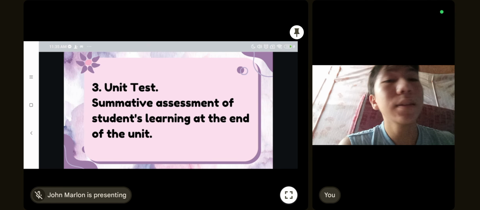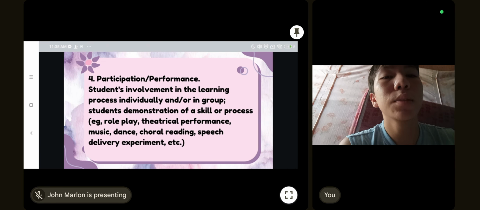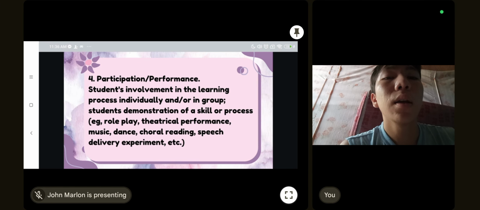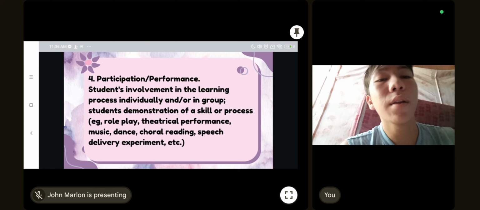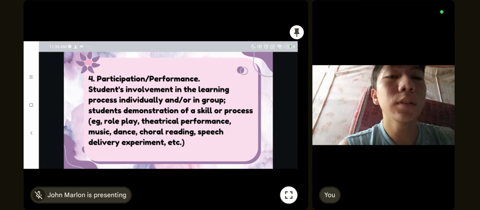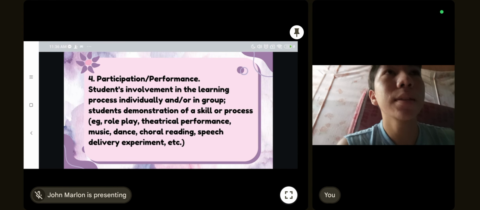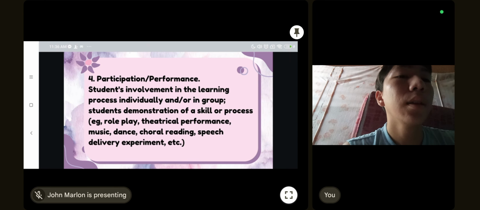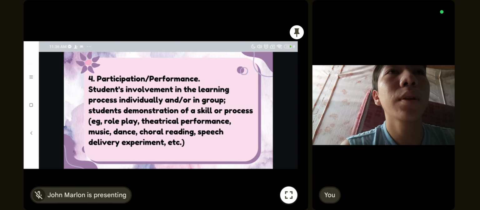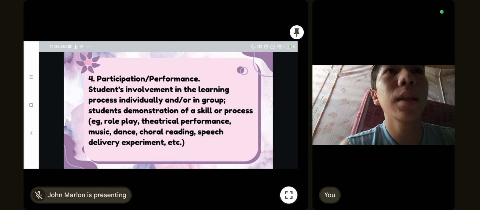Next is participation and performance: student involvement in the learning process individually or in a group, and students' demonstration of skills or processes, for example role play, theatrical performance, music, dance, oral reading, speech delivery, and experiments, etc. Participation and performance are very important, especially now in 21st century learning, where we need to be collaborative and more participative.